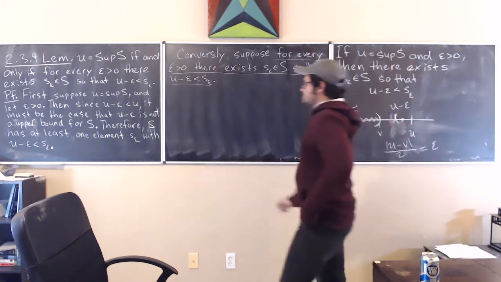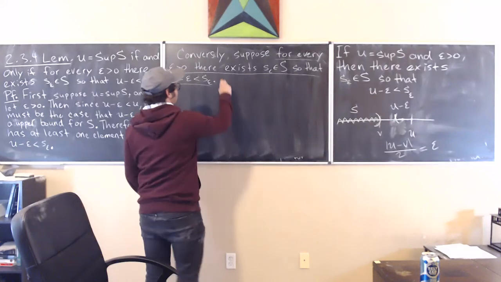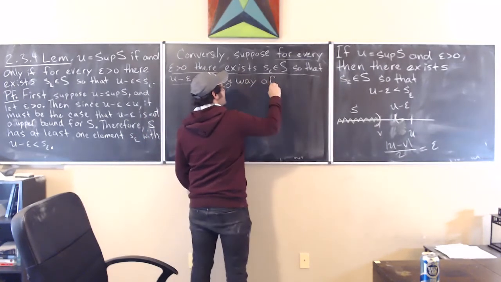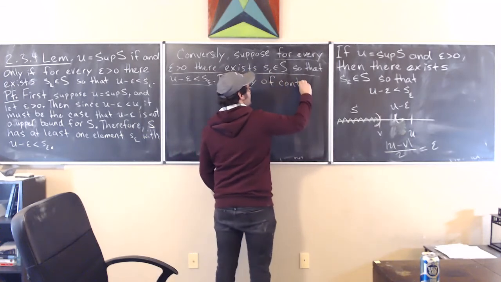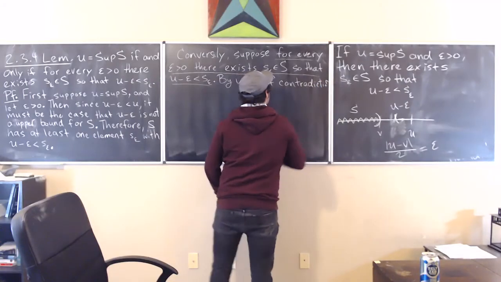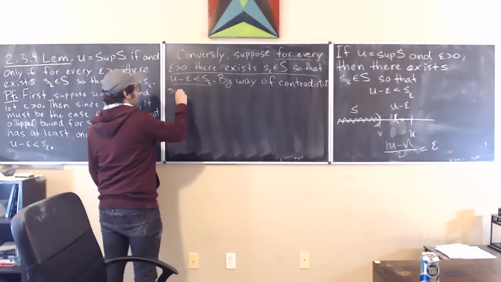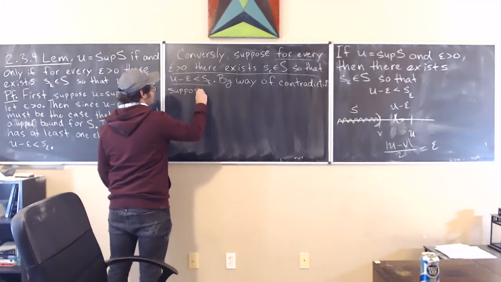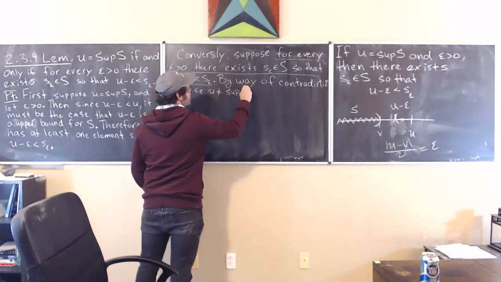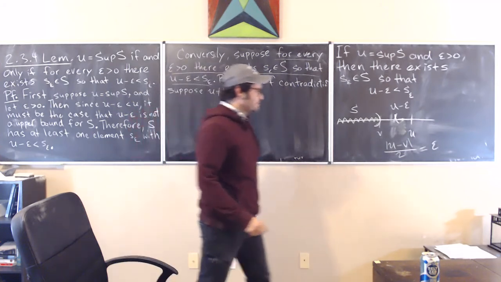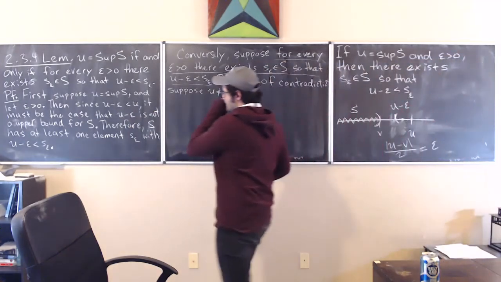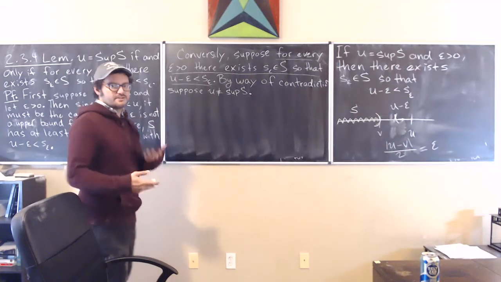So I'm going to say, by way of contradiction, suppose that U is not equal to the supremum of S. Which means that there is a smaller upper bound on the set S. And we're assuming, by the way, I didn't write it because I didn't have room, that S is bounded from above.